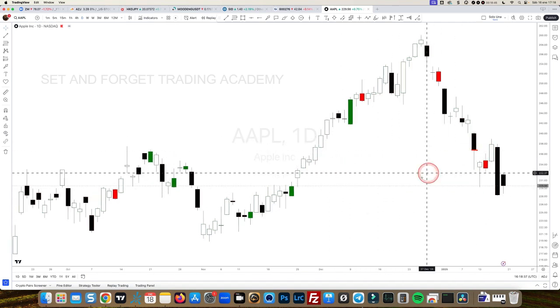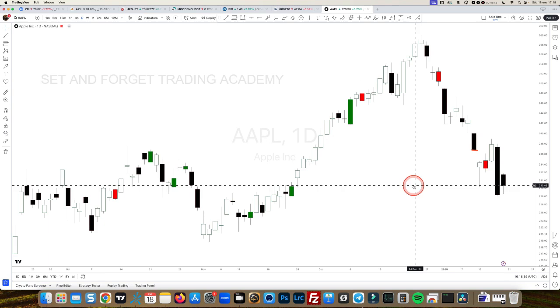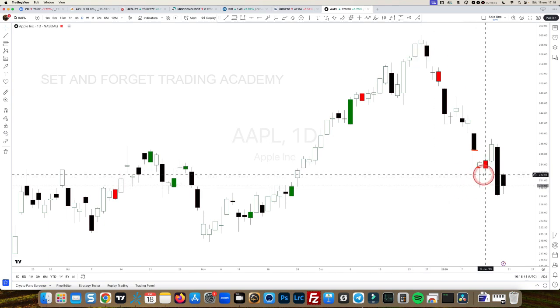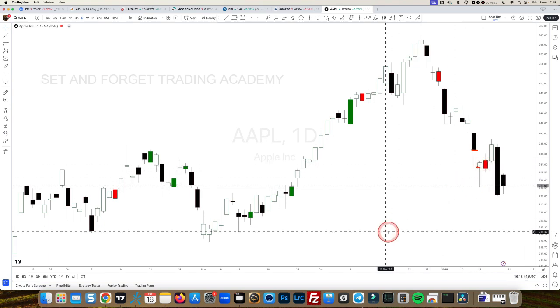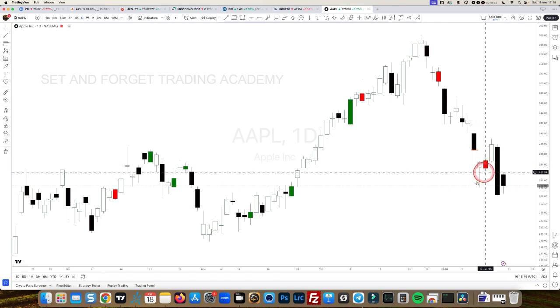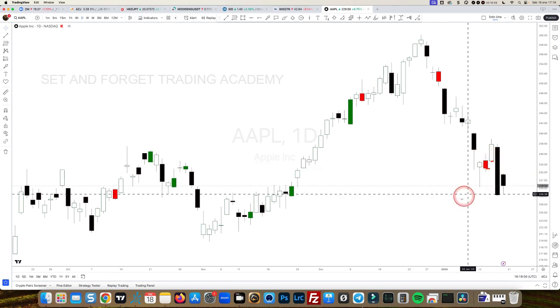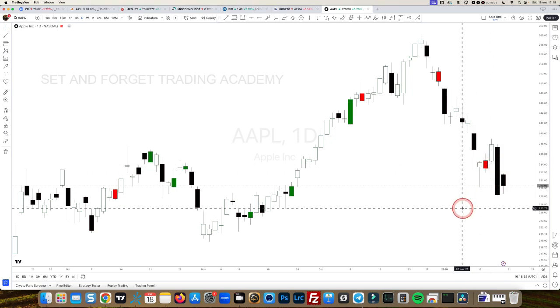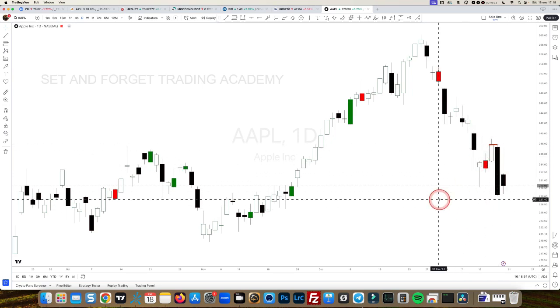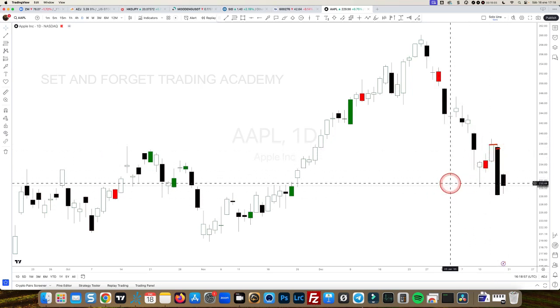The candlestick closes here the previous day, and then the next day it opens here. When it closes there, it opens higher. Here it closes here, and then it opens here. Another gap in the smaller time frames. There's always a small gap.